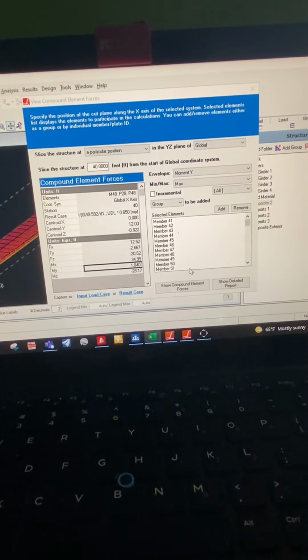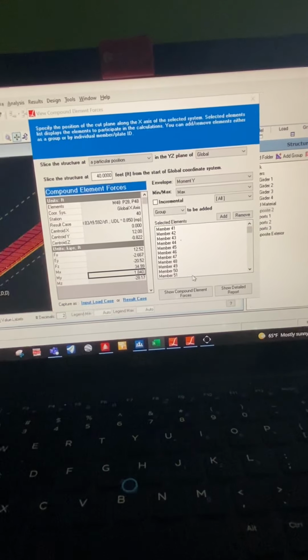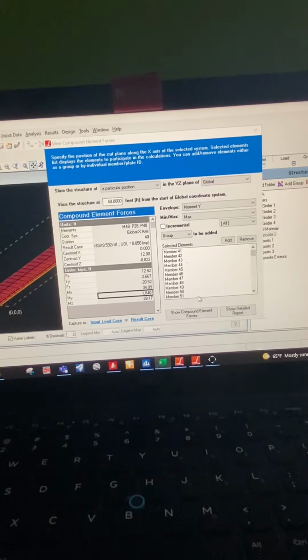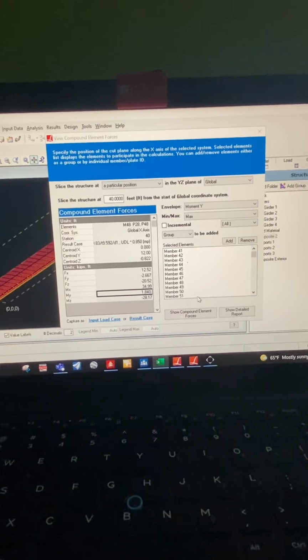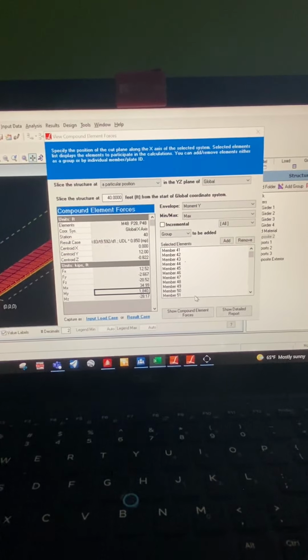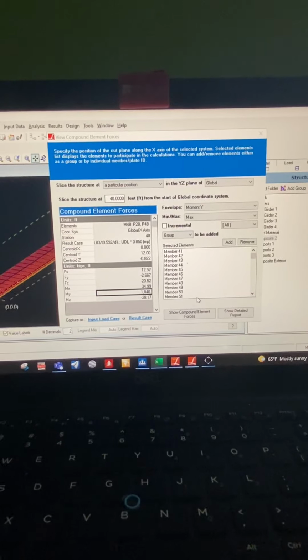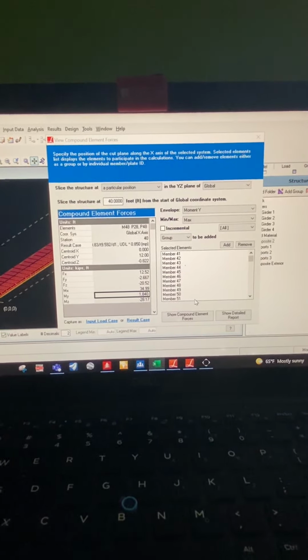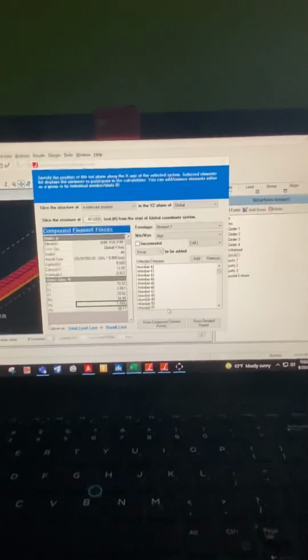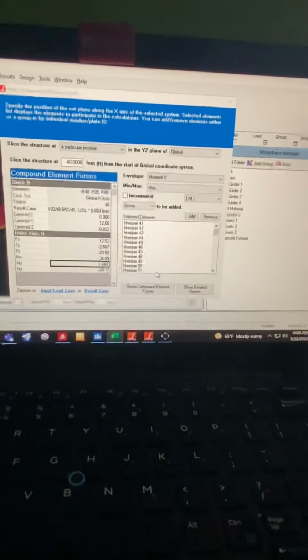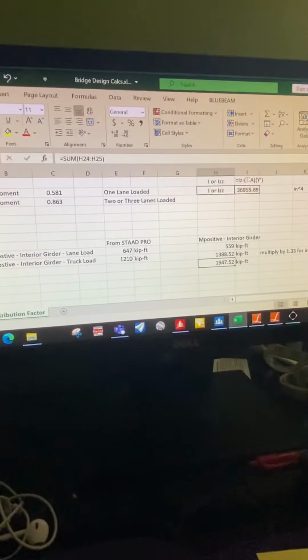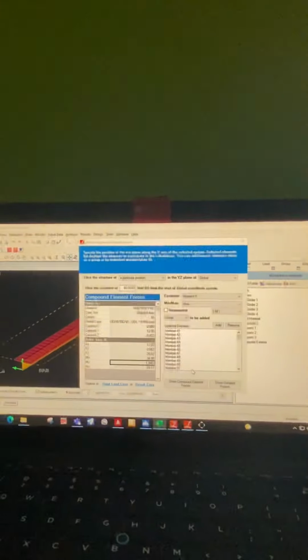I haven't run any other sections, so I can't say whether the 2D analysis is always more conservative. This is just one section that I ran, but for this element section, our 2D analysis came out more conservative than the 3D analysis.